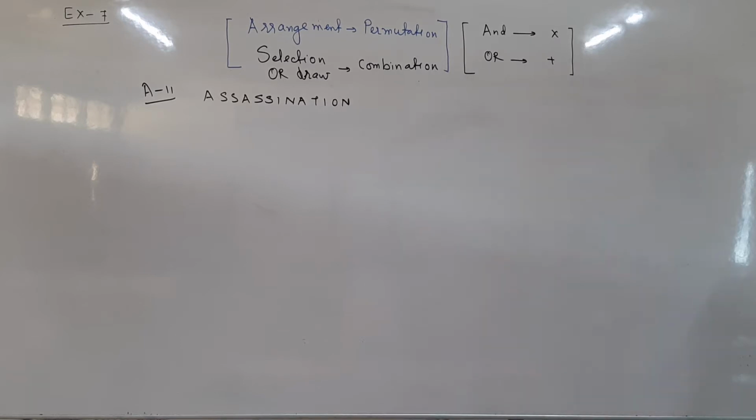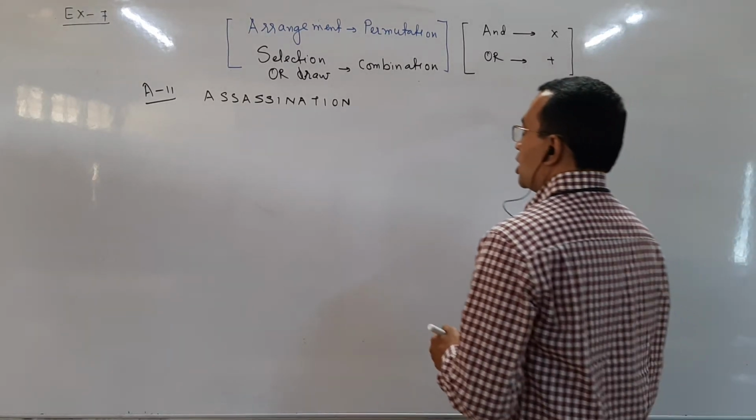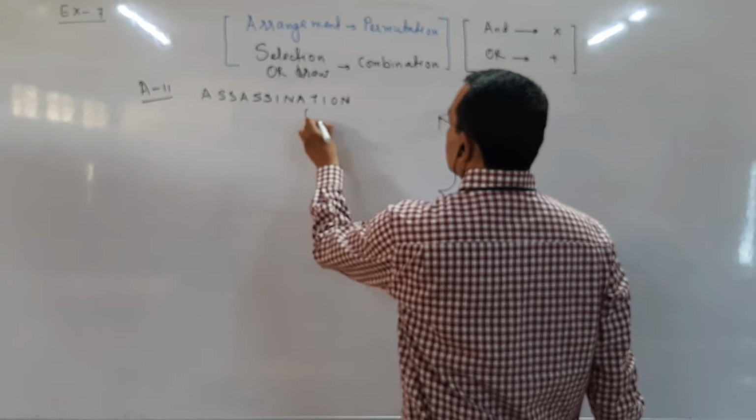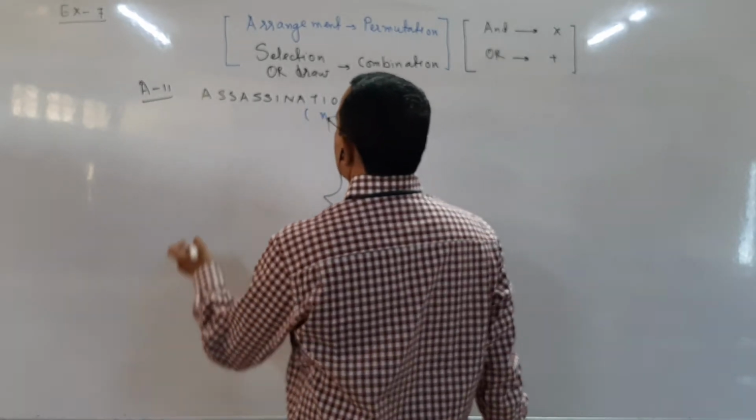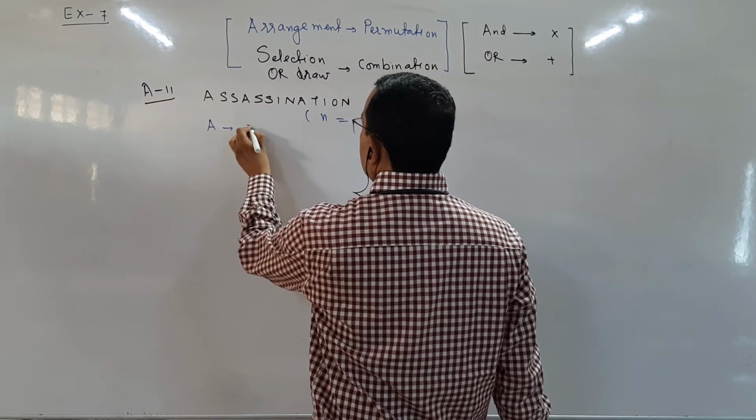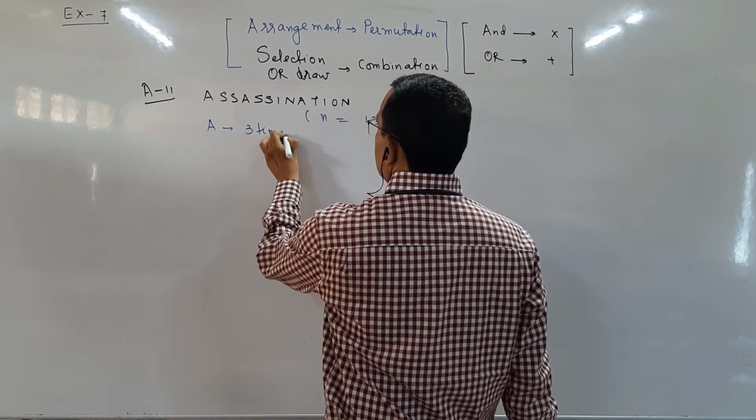Now, first of all, we count total letters: 3 and 3, 6 and 3, 9 and 4, 13. So, total letters of this word are 13. A is repeated 3 times.